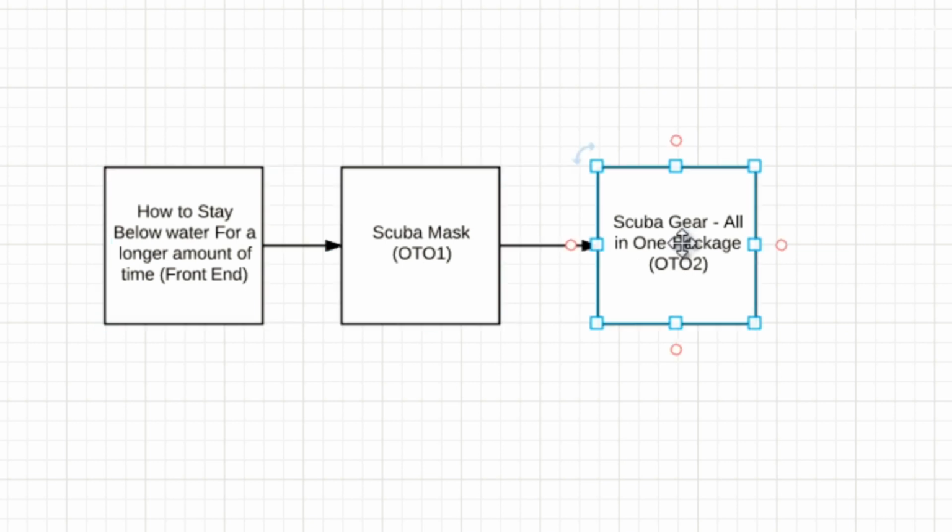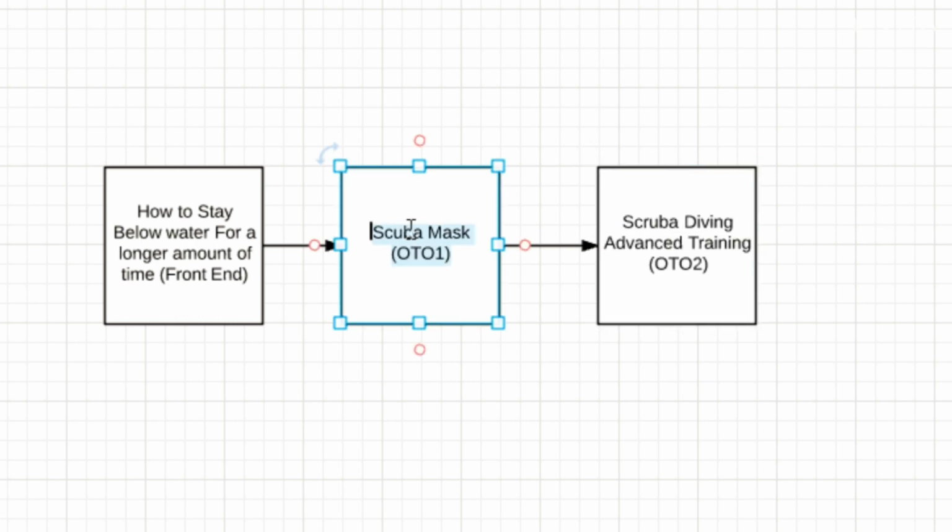Now, let's say it's an information product. We won't do a service, and we can do a service in the next video. But let's say, for example, that this is a product. So maybe we could do scuba diving training, advanced training. OTO2 is the biggest, baddest bonus that we can offer, and that's the advanced training.